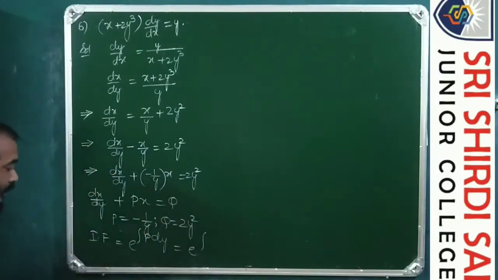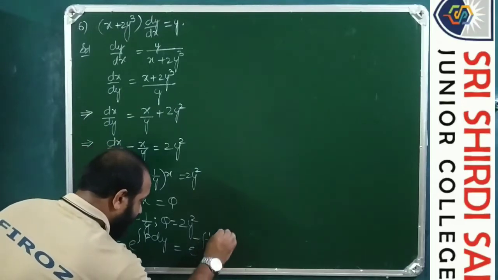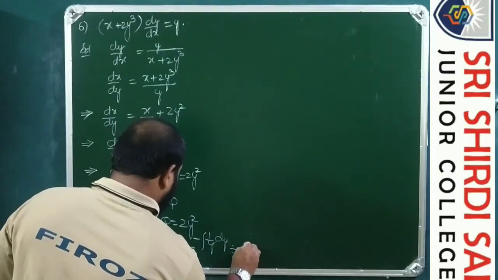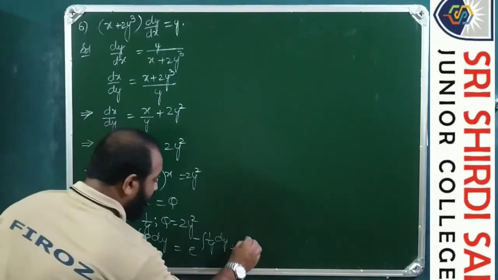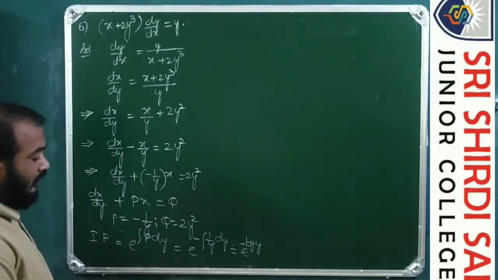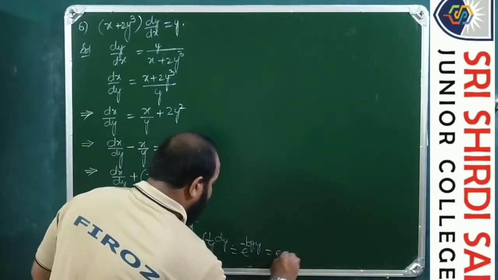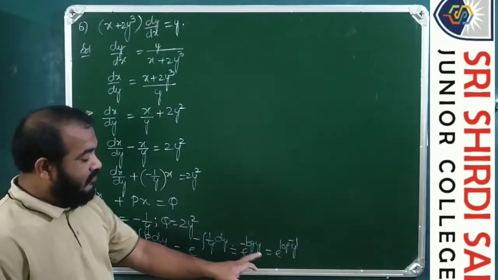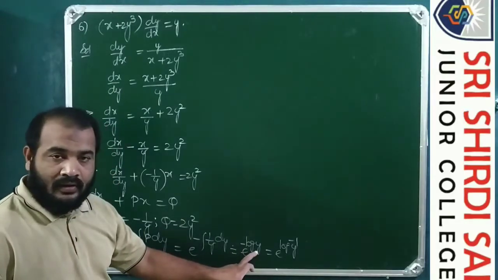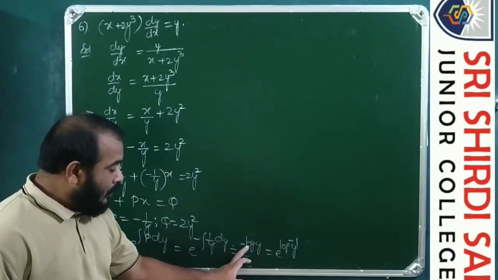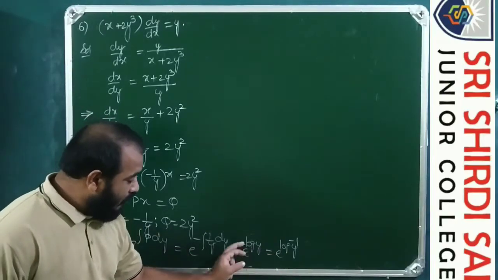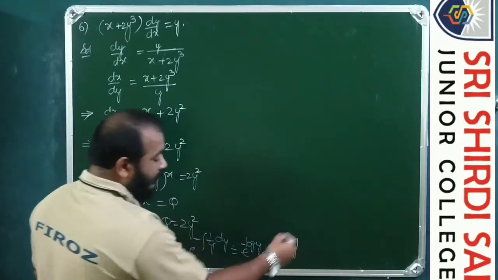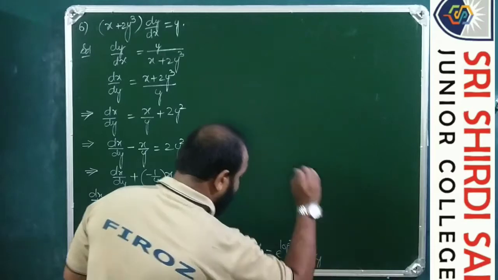So e power integral minus 1 by y dy, which is e power minus integral 1 by y dy, that is minus log y. Minus log y can be written as log y power minus 1, because m log a is log a to the power m. So this is y power minus 1, which is nothing but 1 by y.